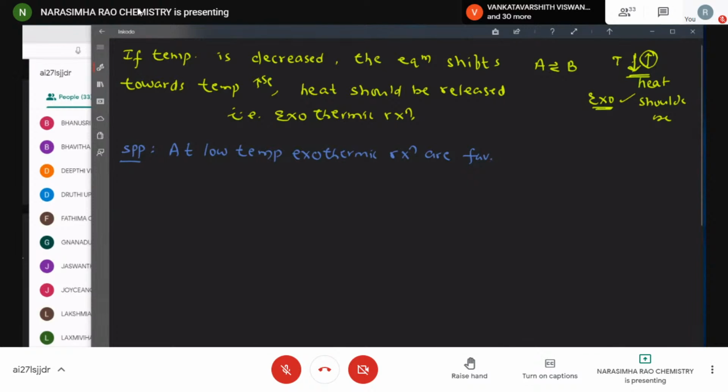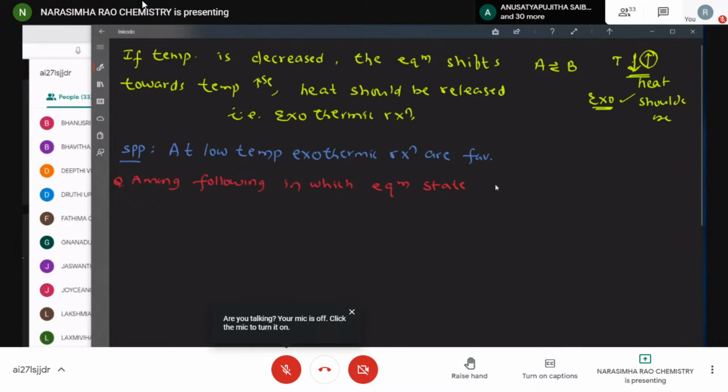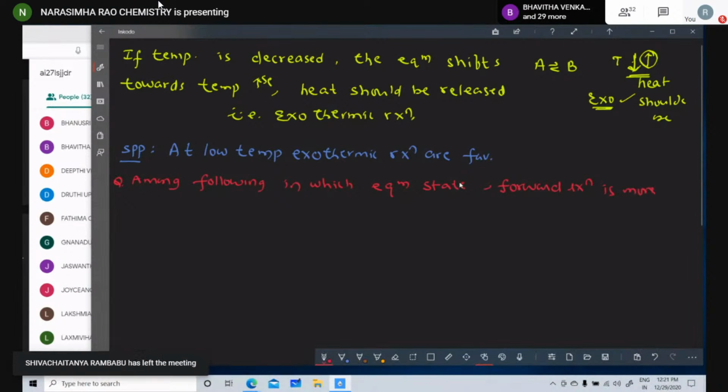Clear, sir. Yes, sir. My question is, among the following, in which equilibrium state forward reaction is more favorable by rising temperature.